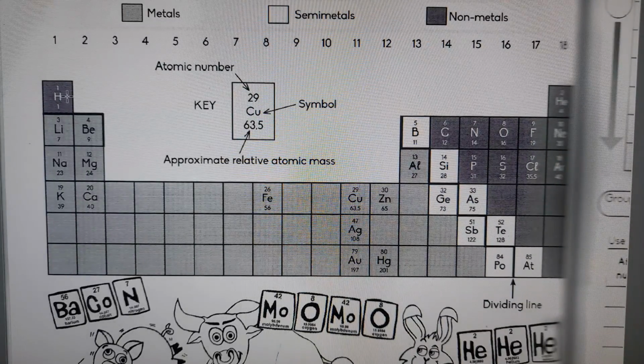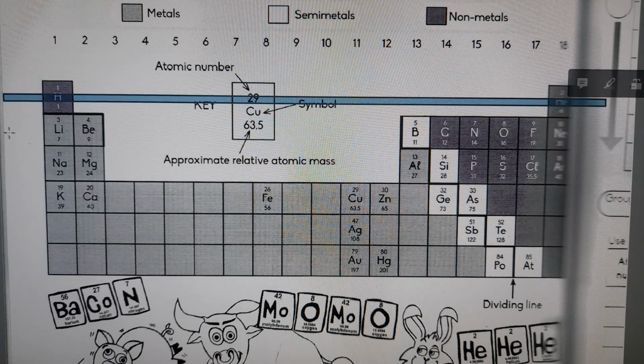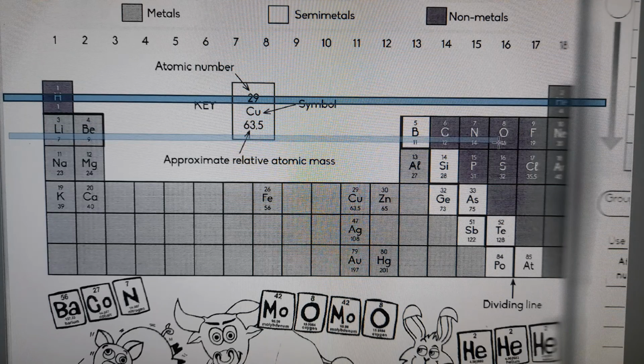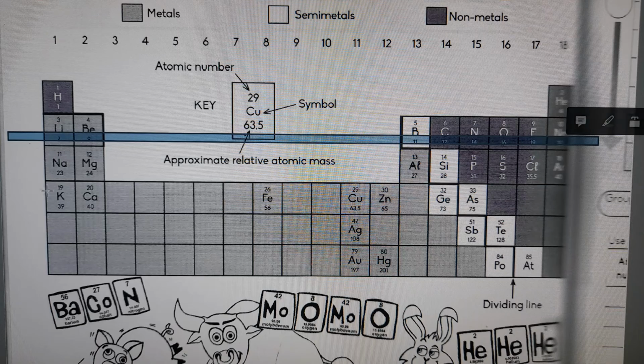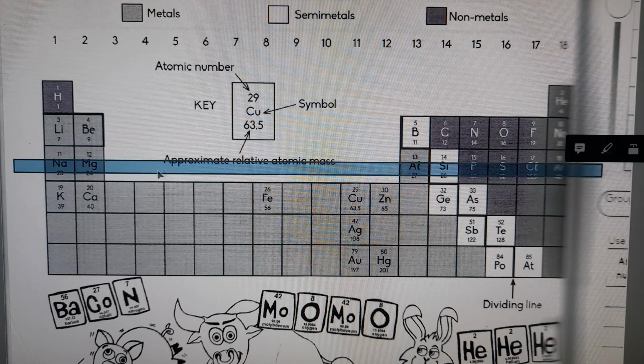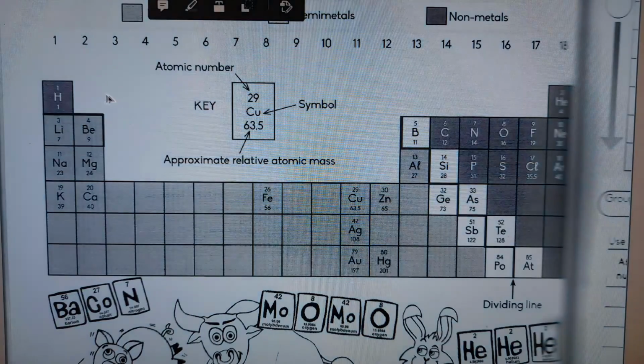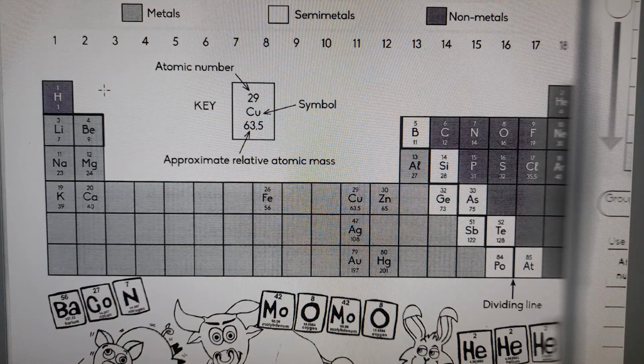So this is our periodic table, and the horizontal rows going this way, we call them periods. That's period number 1, that's period number 2, that's period number 3. Okay, so those are periods horizontally, and they say the periods are arranged according to mass.